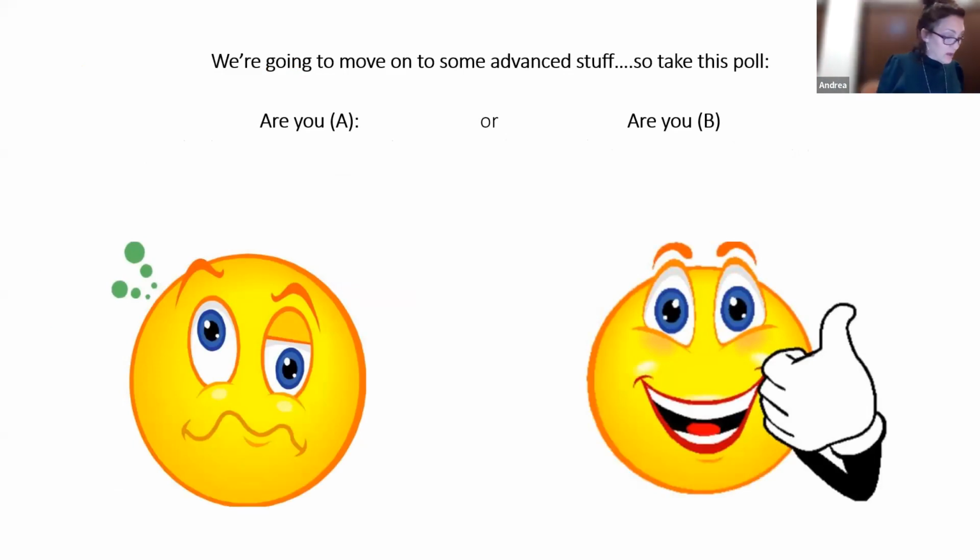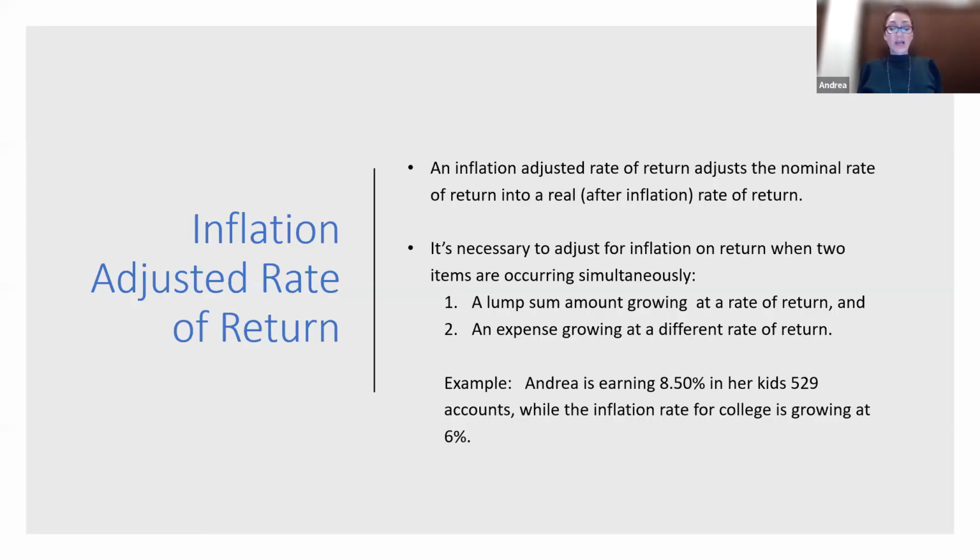Okay. All right, so you guys are going to be utilizing inflation adjusted rates of return. And really, when you're going to be using that in this class is when you're doing college funding questions. You need to use an inflation adjusted rate of return when you have two things that are happening simultaneously.